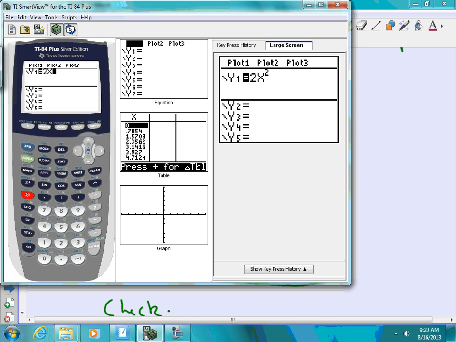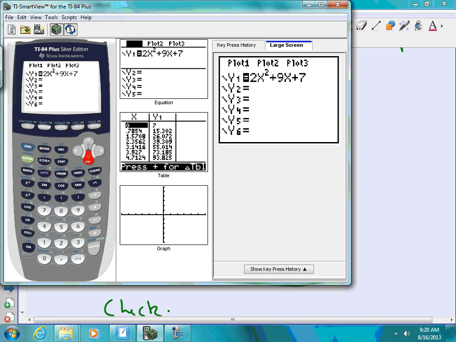If not, you can always pause it and go back and get that. 2x squared plus 9x plus 7 in y1, and in y2 we're going to put what we think our answer is, 2x plus 7 times x plus 1.